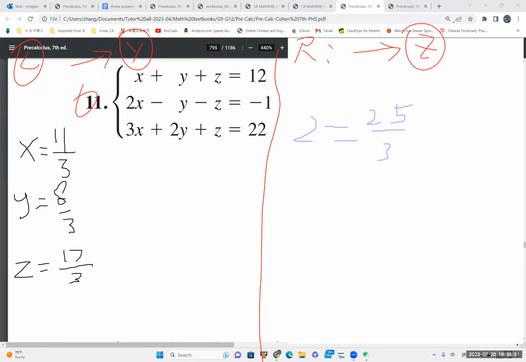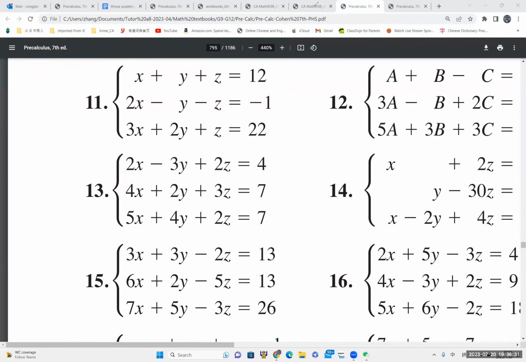Okay, cool. Then z equals 2x minus y plus 1. Yeah, it's correct. Okay, good job. This is correct. Then we'll go to the next.